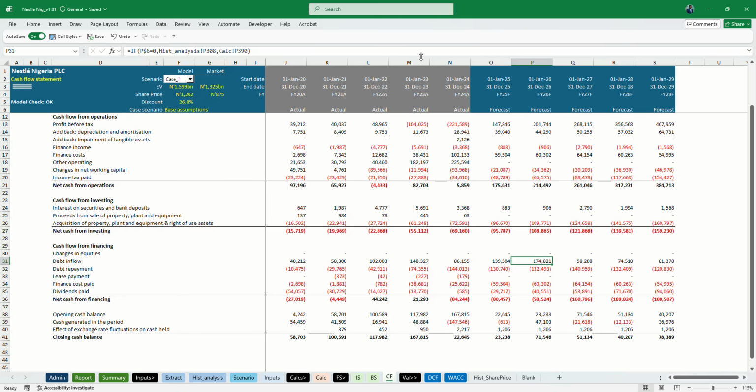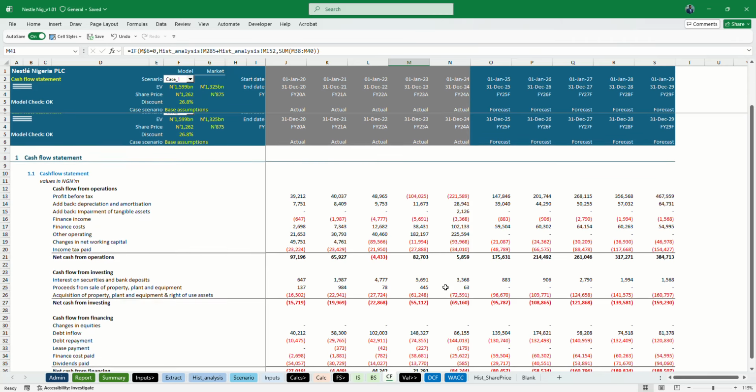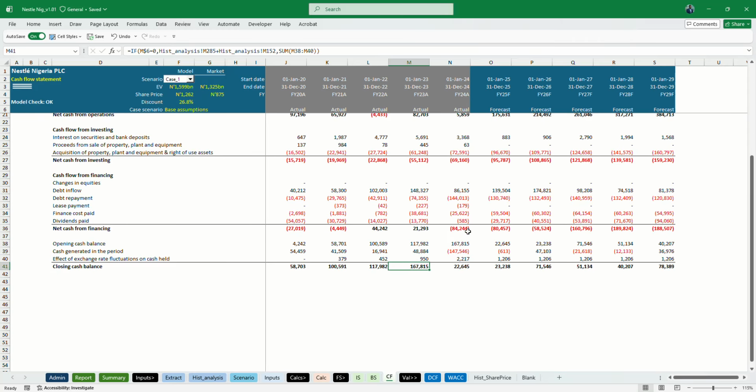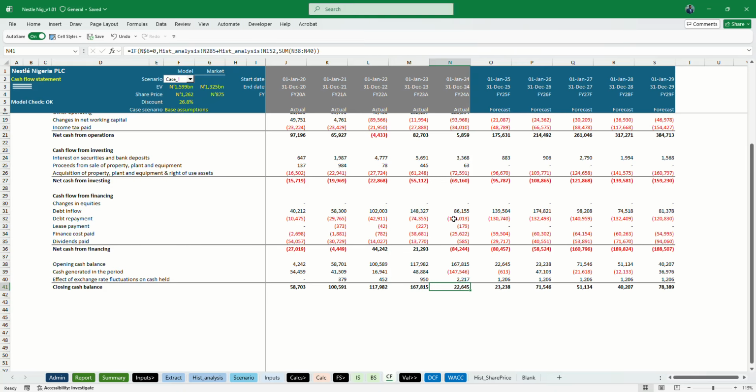So for example, in 2023 they have a cash balance of 167, so everything is presented in million naira, and that dropped significantly in 2024, right? And one of it is the debt repayment, which was on the high end.